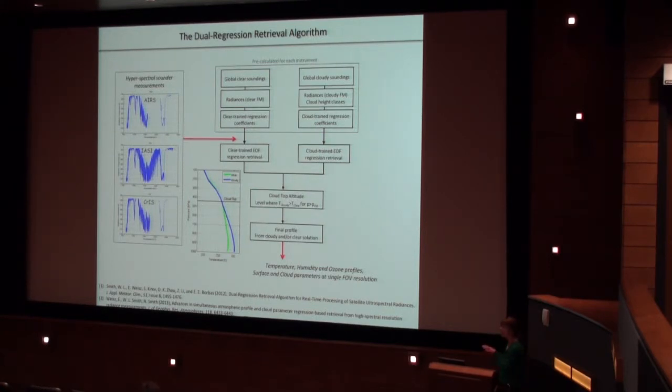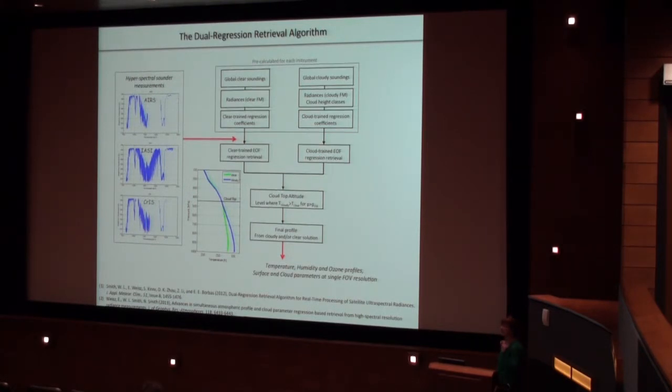But I want to say that it's not just a simple regression algorithm, because we add a lot of additional steps to account for the nonlinear dependency of spectral radiance on cloud top pressure and also on atmospheric moisture. So it's more a physical statistical regression approach, and the details can be found in one of these papers.